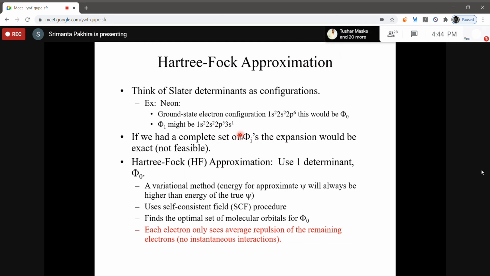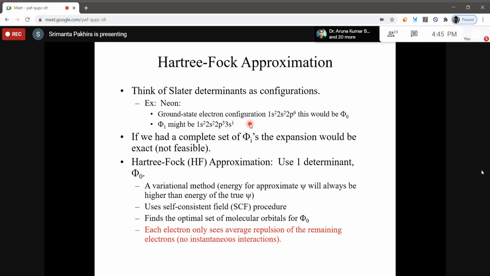So 1s2, 2s2, 2p5, 3s. Likewise phi 2, phi 3, and so on. If we write down all the possibilities, say the next one with two electrons excited, 2p4, like that, and we have the complete information of the phi's, then it would be possible to write everything in a Slater determinant, which is basically not feasible.